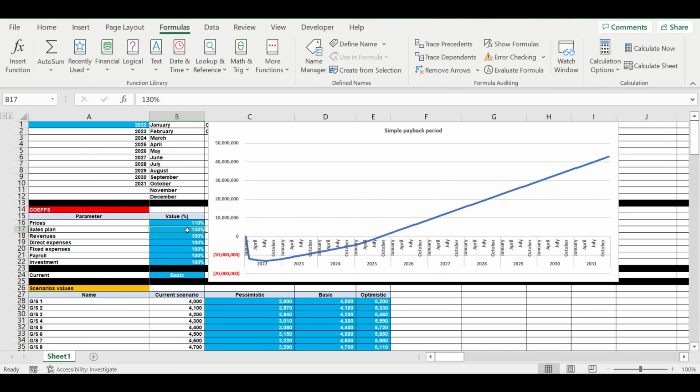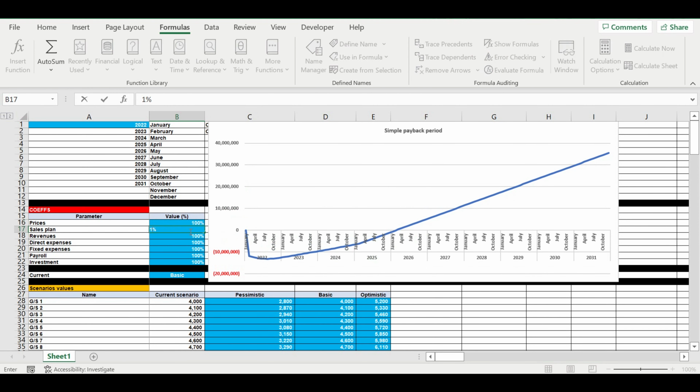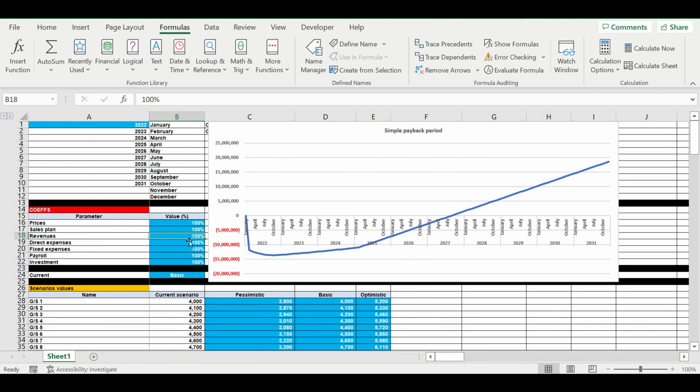So we can easily play with huge sets of data without going deeper into the inputs. This is like a core of the model where we can globally play with revenue.